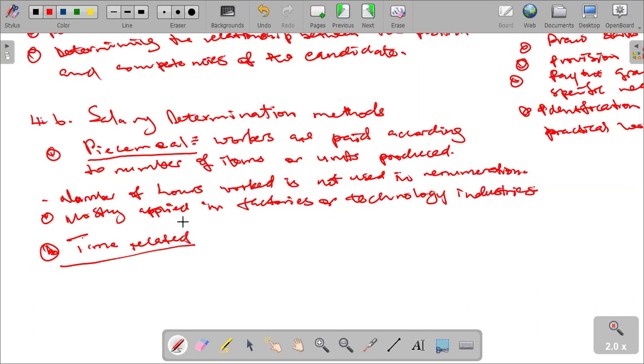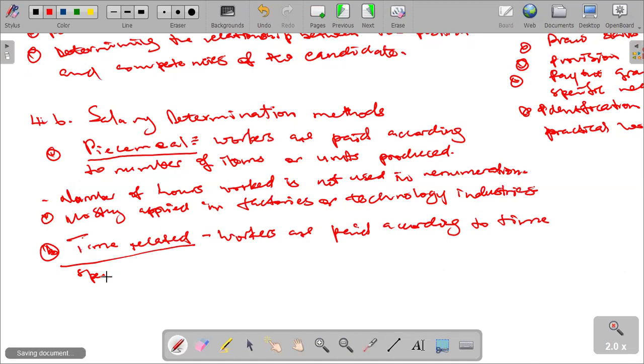Workers are paid according to the amount of time or hours they spend at work, according to time spent at work or on task.